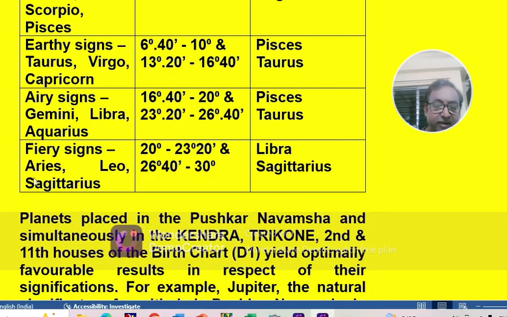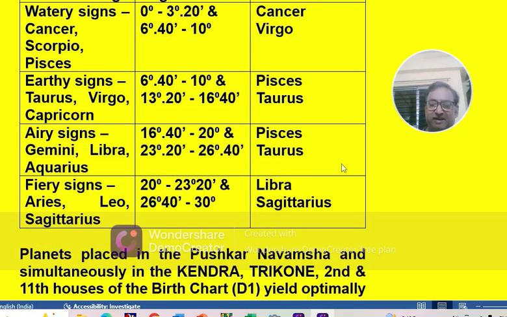If there is any planet in Aries, Leo, Sagittarius between 26 degree 40 minute and 30 degrees, they will go to Sagittarius in the Navamsha ruled by Jupiter.